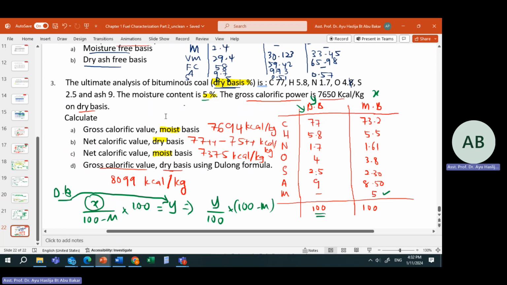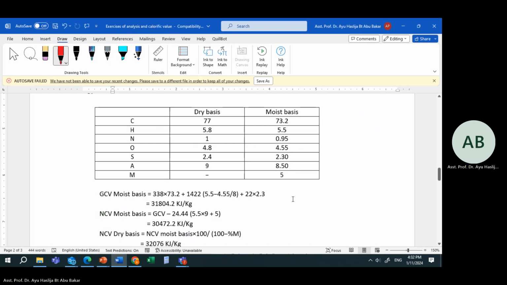Dapat. Around the... ini dalam unit kilocal. Joule.